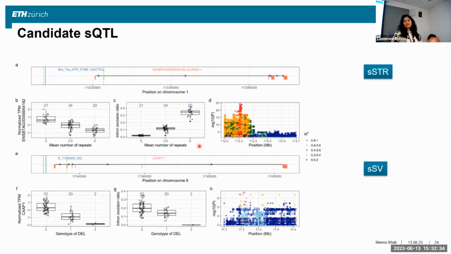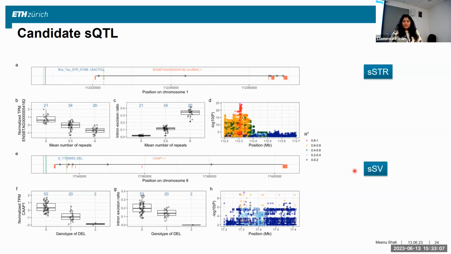It's saying when the number of repeat units increases, the splicing increases. But if we see the expression level, it's totally opposite. When we checked, we realized our intron boundaries were not part of the actual annotation. So it's likely that our quantification did not even measure this new transcript, which was probably available but not in the annotation. So we did not find any difference. And this was among the top candidates.